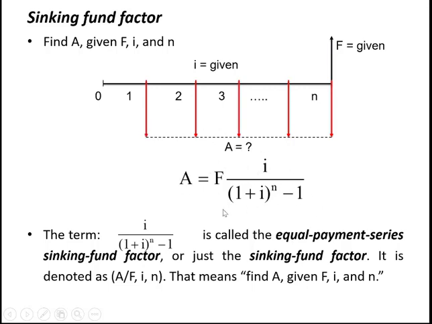And we use this formula: A equals 100,000 times 0.07 divided by (1 plus 0.07) to the power 8 minus 1.